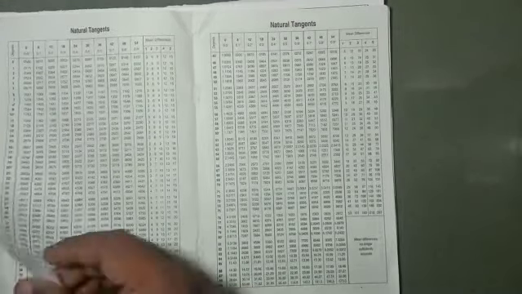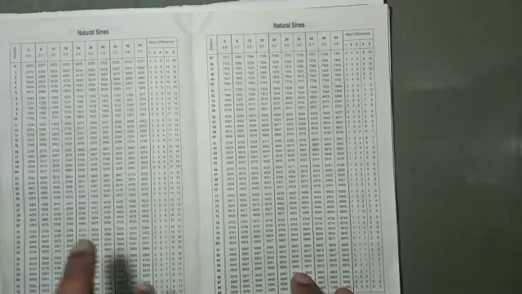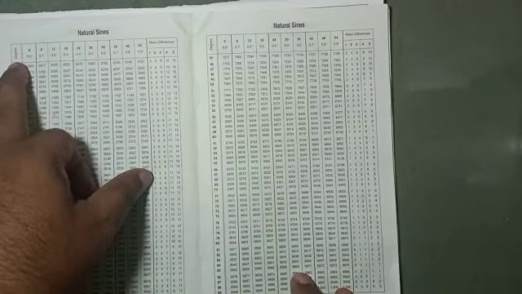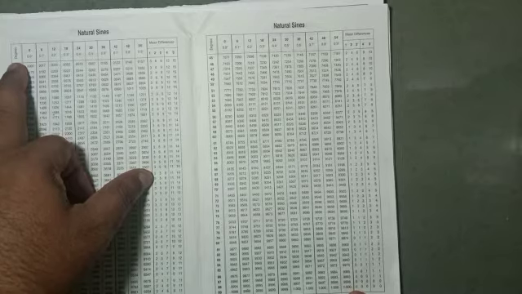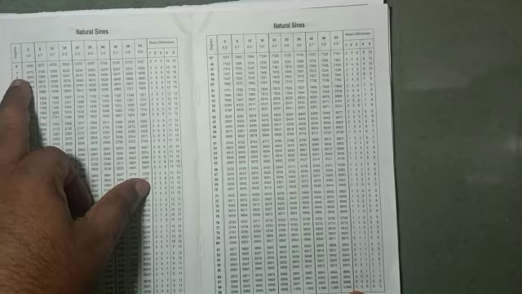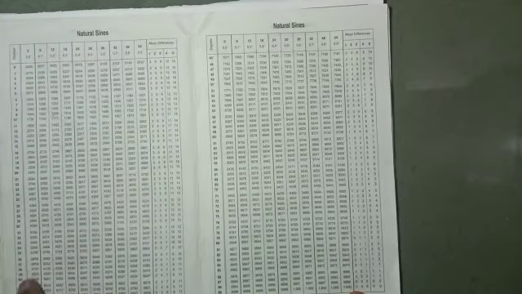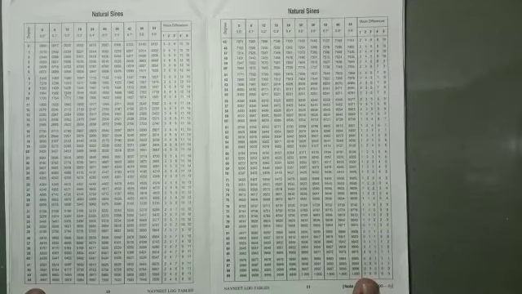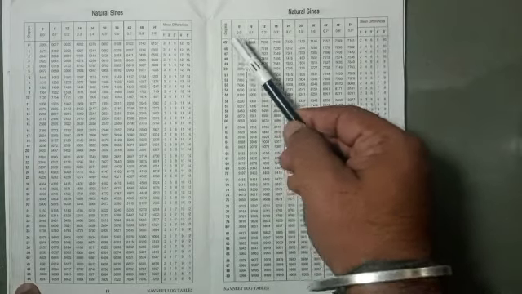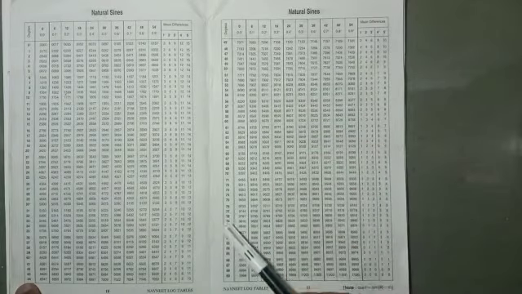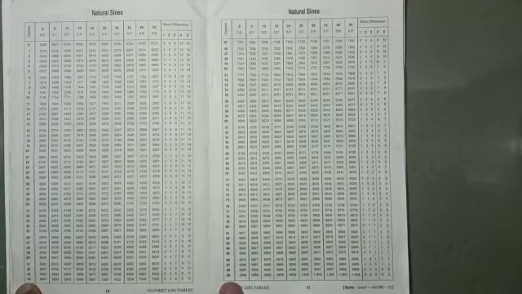Before seeing the natural sine, natural cosine and natural tangent, first we understand the columns. In the first column, the degrees are there. We find 0 degree, 1 degree, 2 degree, 3 degree up to 44 degree here, and next 45 degree, 46 degree up to 89.